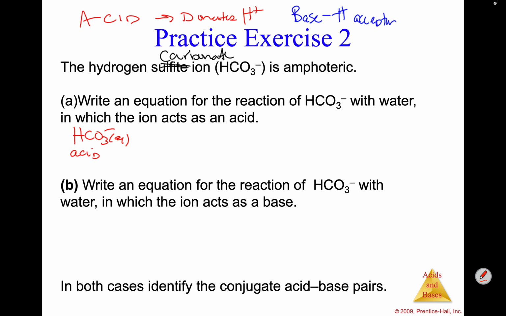Accepting a proton. So then what I have plus a base, which is a proton acceptor. And we're told, write an equation where hydrogen carbonate reacts with water. That means water is our base. And what we're looking at is an equilibrium reaction.